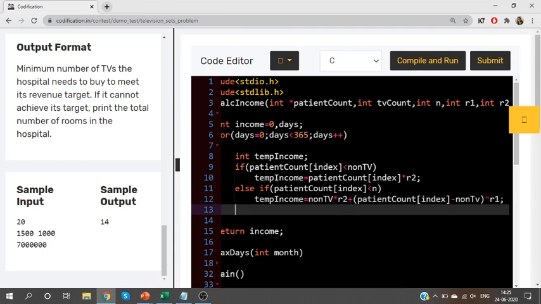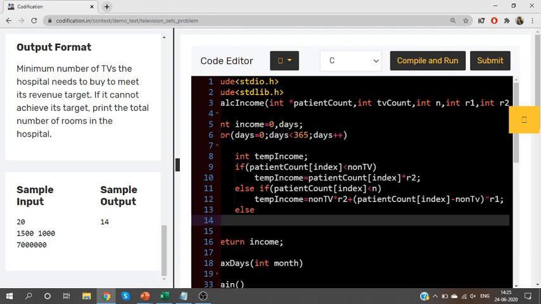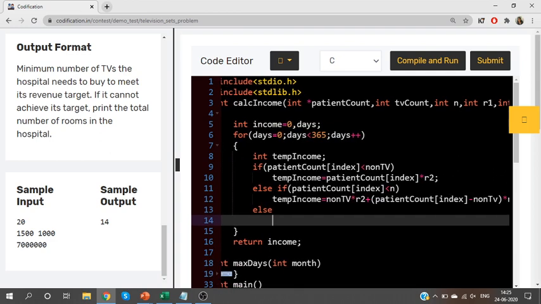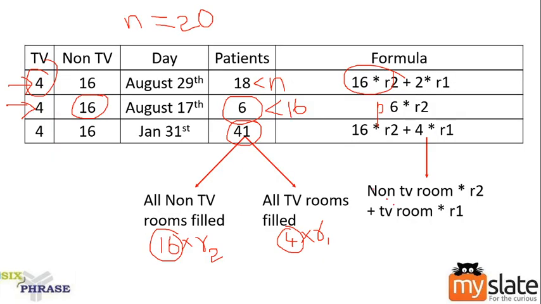When will I not go to any of these cases? Look at the third scenario. Is it less than 16? No. Is it less than the n value? No. If both are not true, it means it is in the third scenario. In the third scenario, all rooms will be filled: total non-TV rooms and total TV rooms.